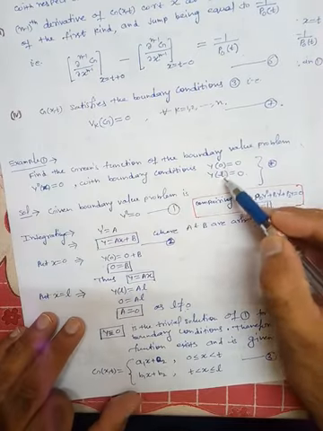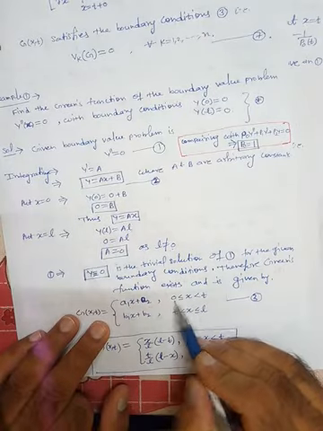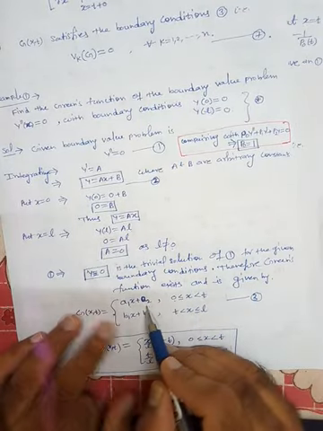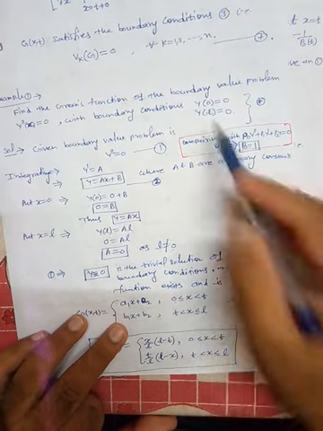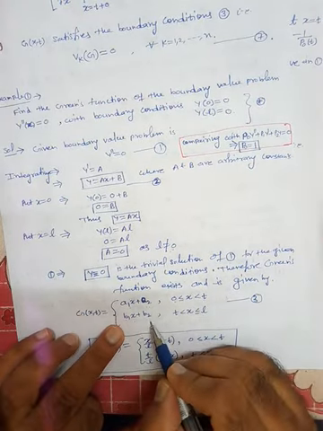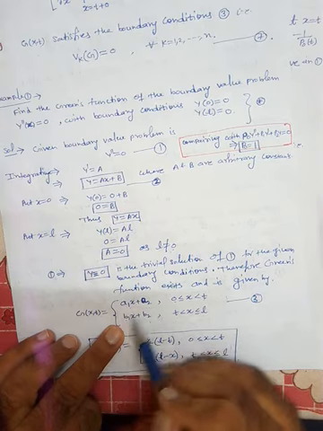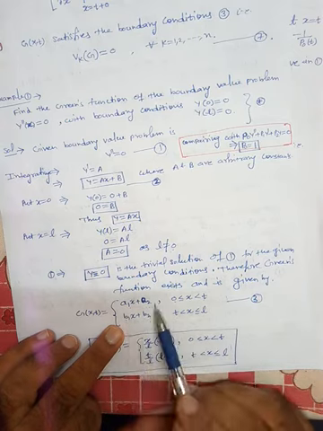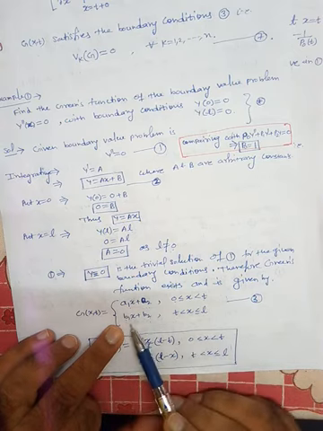In our case, a is 0. What is b? b is our L. So that's why from 0 to t the function is this, and from t to b, where b is L, the function is b1x plus b2. Now our target is to find out a1, a2, b1, b2. So we have 4 arbitrary constants.